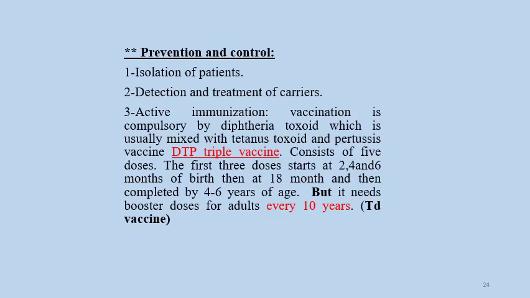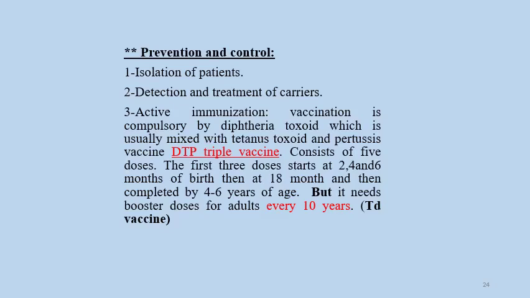This vaccine consists of 5 doses. The first 3 doses start at the age of 2 months, then 4 months, and then 6 months of birth. Then the 4th dose about 18 months, and it's completed by the final dose at 4 or 6 years of age. But this childhood vaccine needs booster doses for adults every 10 years.